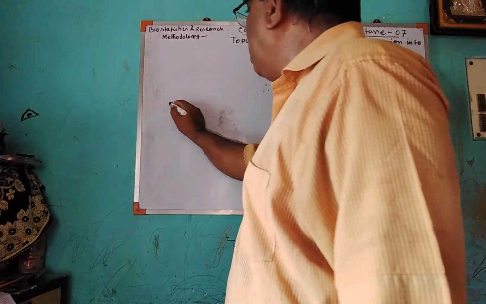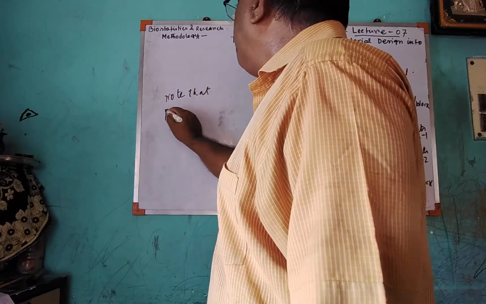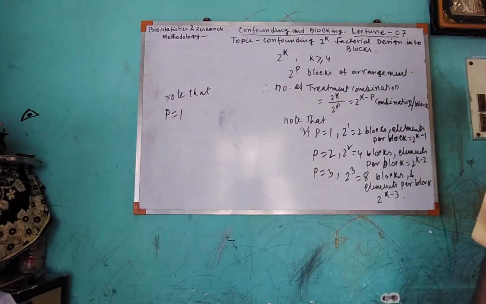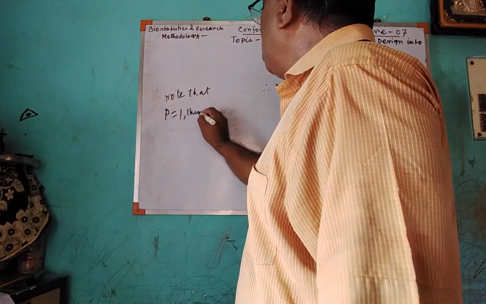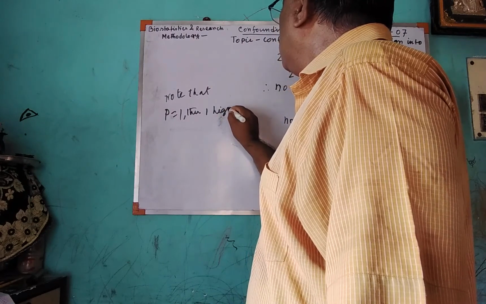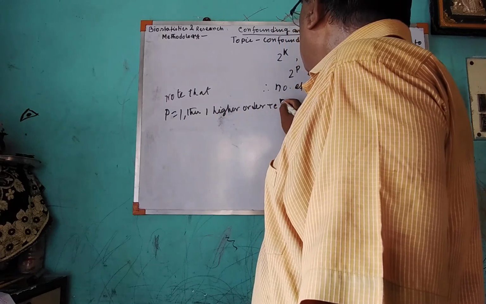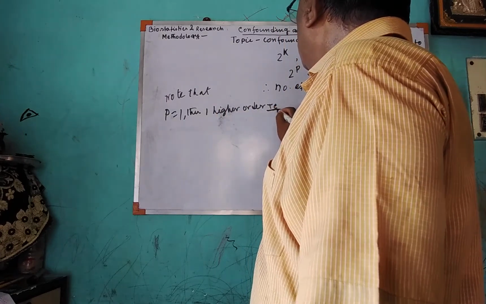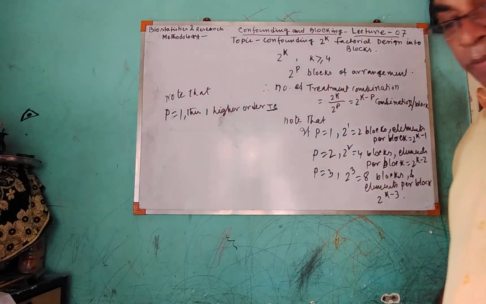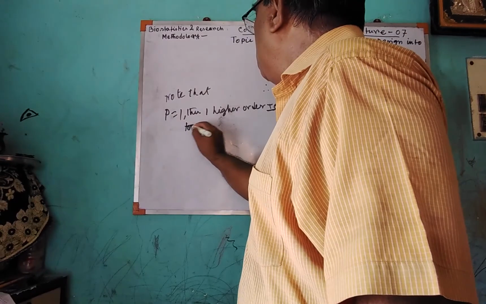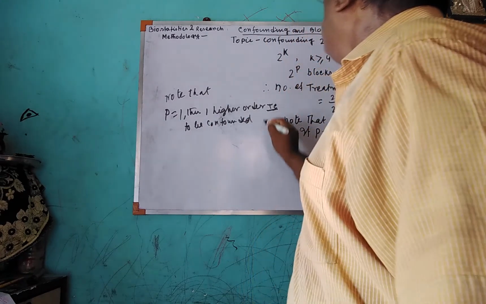When p equals 1, note that one higher order treatment combination will be confounded with blocks.